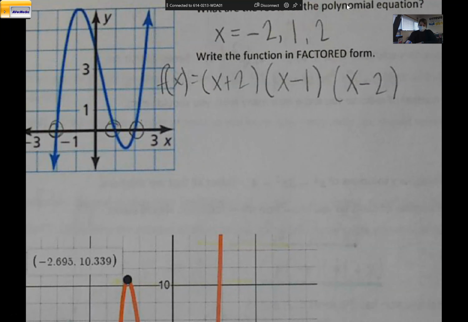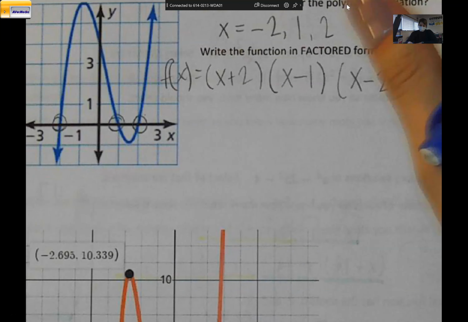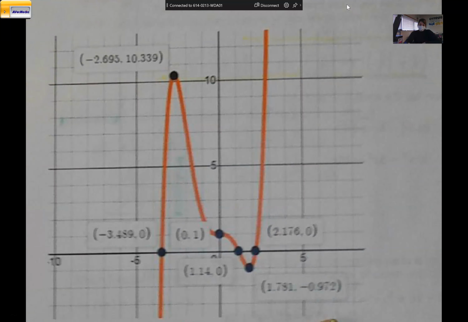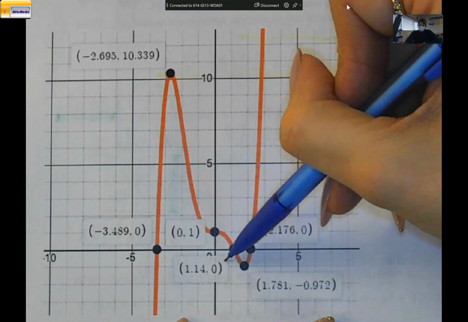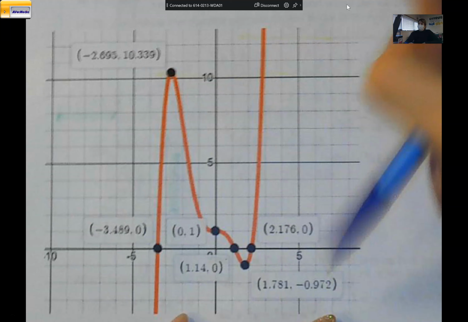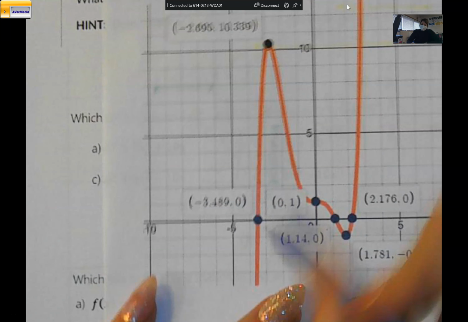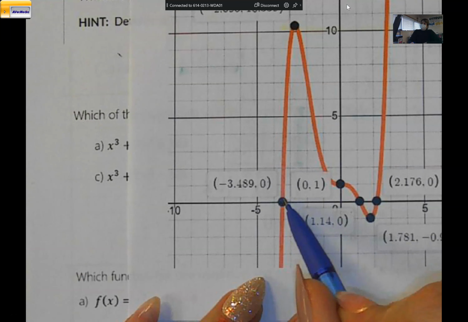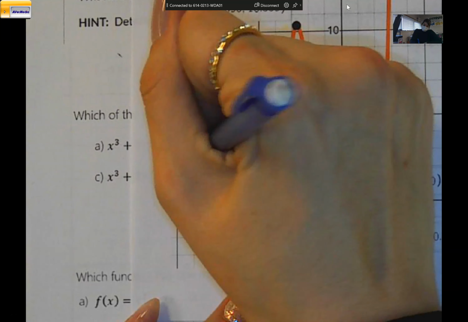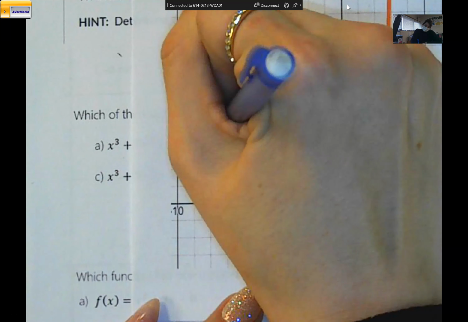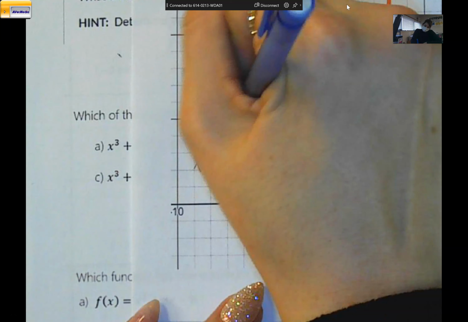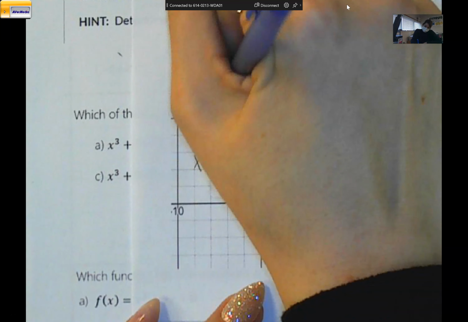Okay, our last question is just labeling all of the points that you see on this graph. So for all of these little bubbles, they want you to determine what it is. So for instance, this one right here is an x-intercept. We also know it as a root, a zero, a solution, a factor.